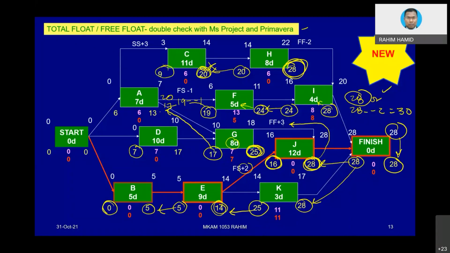So 9 is coming back into this box, but 9 needs to be subtracted with 3. 9 minus 3 equals 6. So 6 would be one of the possible numbers. If we put 6, then this value we need to add with the 7 duration. 6 plus 7 equals 13.